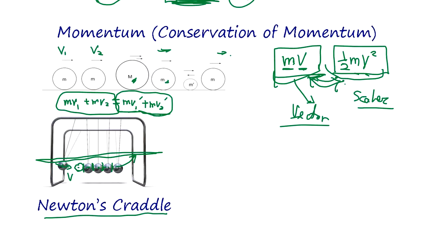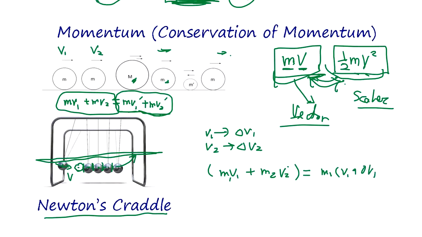So how do we know the new speed after collision? Suppose v1 changed by delta v1 and v2 changed by delta v2. Initially we had m1 v1 plus m2 v2 of momentum. After, it's going to be m1 (v1 plus delta v1), the change of the speed, plus m2 (v2 plus delta v2).